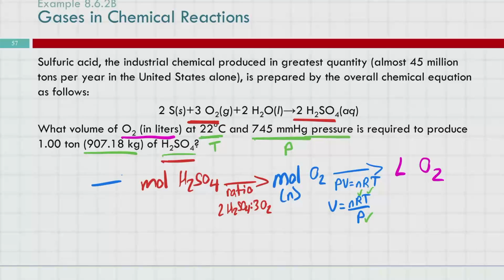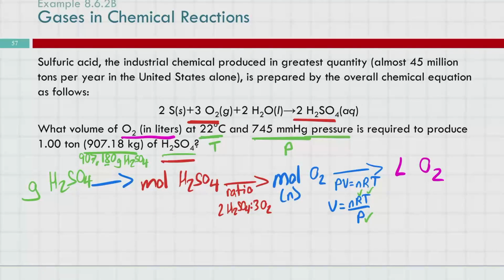Do we have something that can get us to moles of H2SO4? We could get there with mass. Grams of sulfuric acid. So if we convert our kilograms to grams of H2SO4, we can use our grams to get to moles.